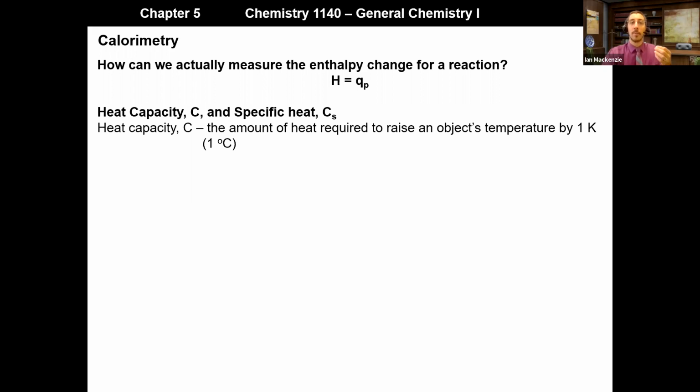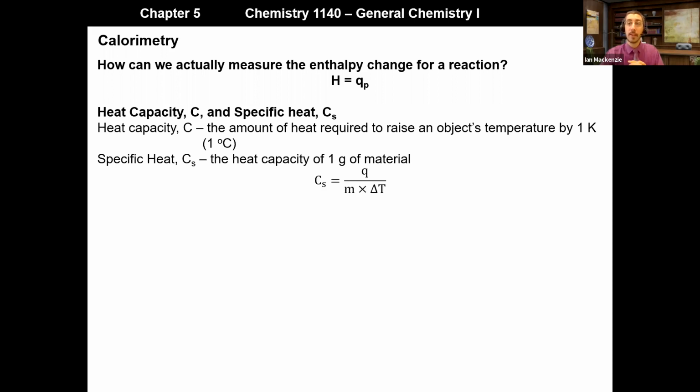However, it's sometimes more convenient to have a specific heat, and that's simply the heat capacity of specifically 1 gram of material. So this now incorporates mass into the equation. And we can write an equation for the specific heat as being Q, the heat, divided by the mass of the object times the change in temperature.